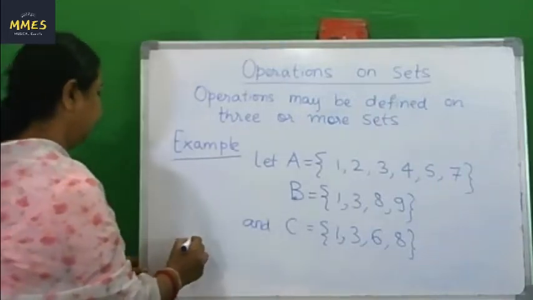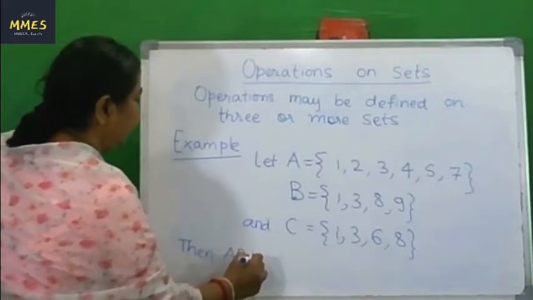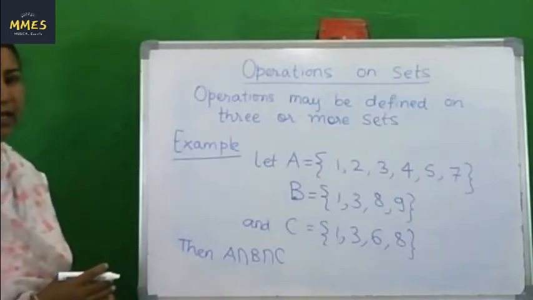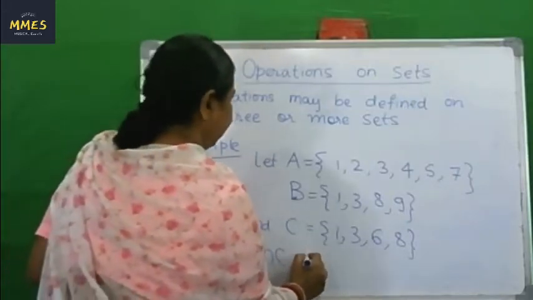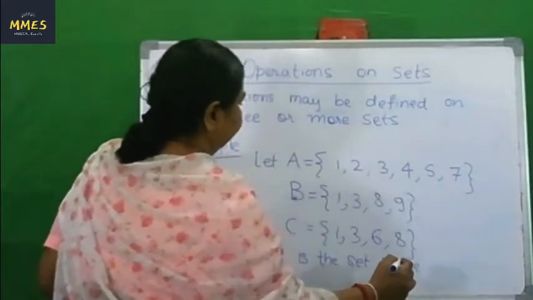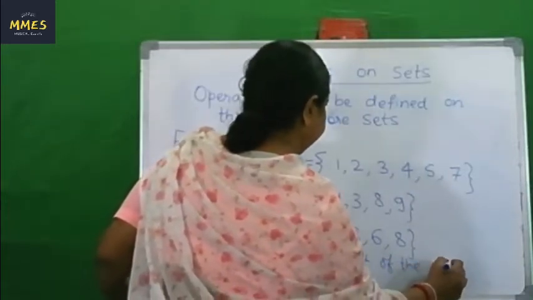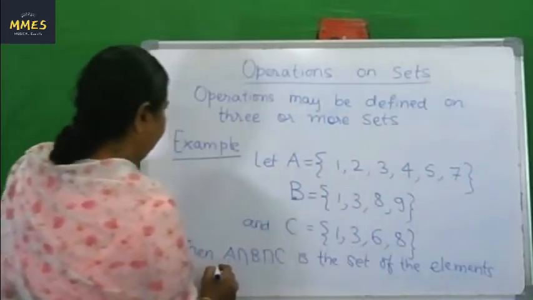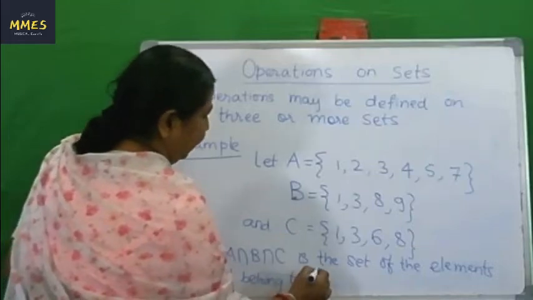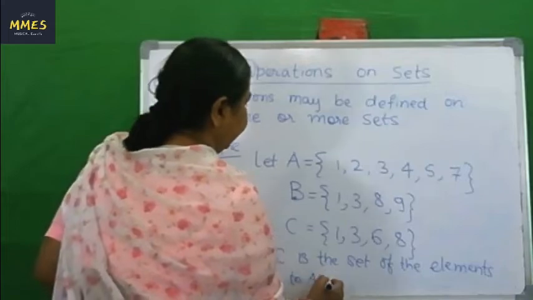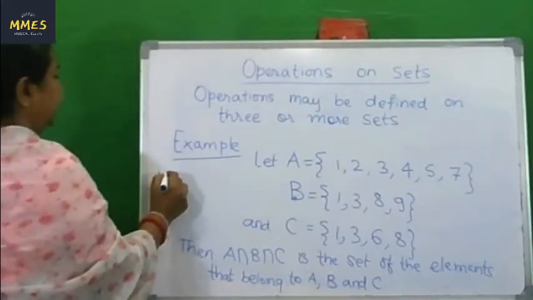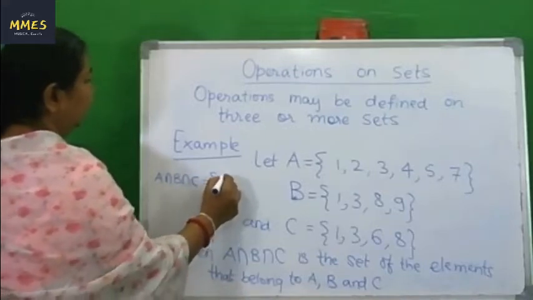Then suppose if we want to find A intersection B intersection C, it is the set of elements that belong to A, B and C. So A intersection B intersection C will be equal to 1, 3.